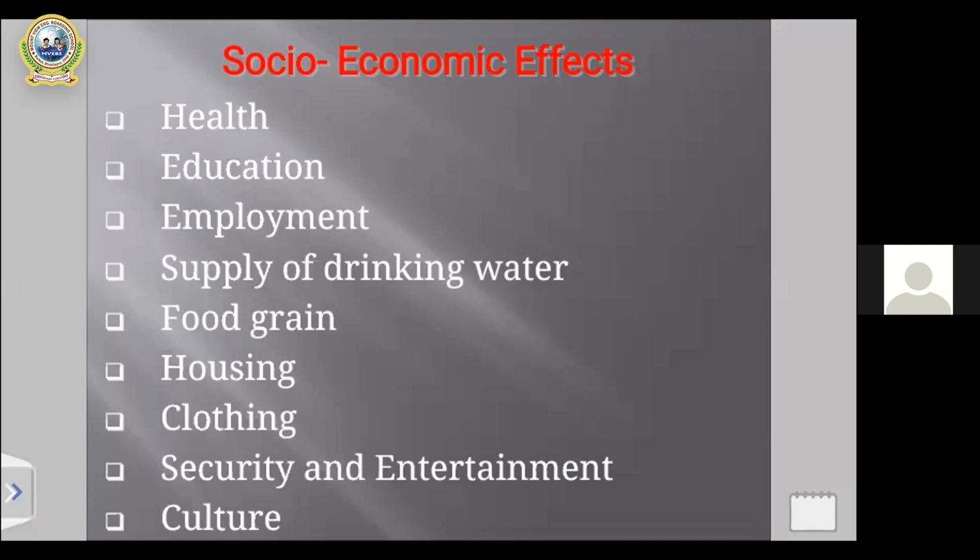As we all know, education is power, knowledge, and everything for us in our life to get success, right? But due to rapid population growth rate, it also adversely affects the education system. It declines the quality of education.